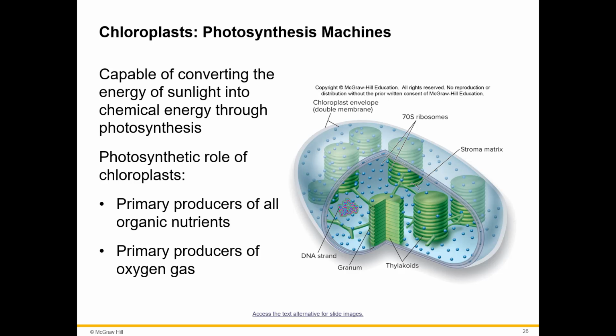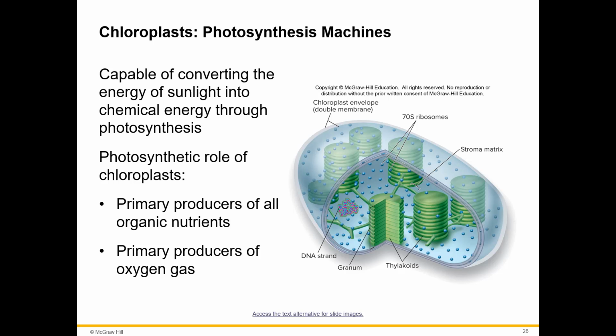Chloroplasts are the center of photosynthesis. Eukaryotic cells that have chloroplasts include algae and plants. They are capable of converting energy into food. So basically in photosynthesis, you take energy from the sun and you end up with a food product. So they create their own sugar.